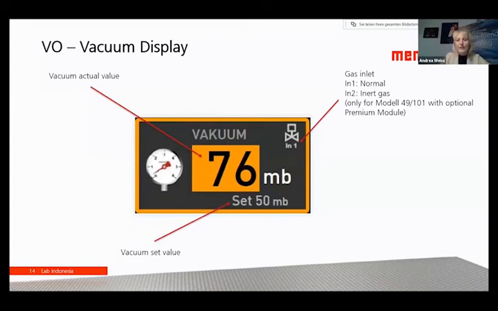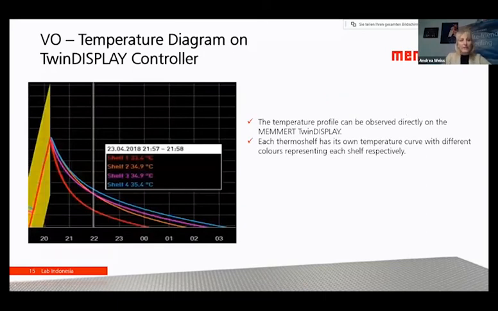Pressure, we have here pressure setting and a pressure control, and here we have a digital vacuum control, and this also will be done by controlling with magnetic valves. So we have here gas inlet, we have normal inert gas, also possible for the sizes 49 and 101. On the display, there is also a visibility of a graphical.